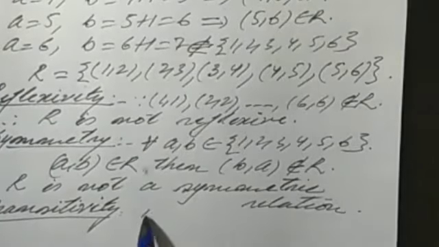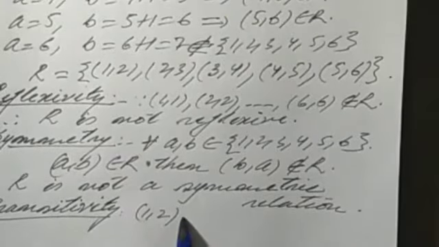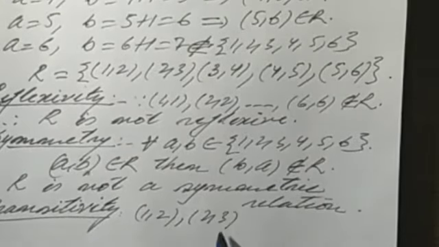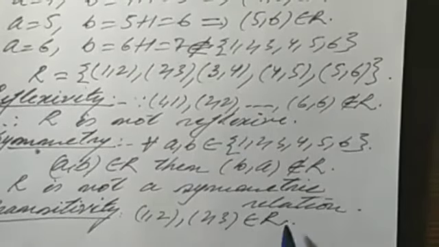So we may say that (1, 2) and (2, 3) both belong to R, but (1, 3) does not belong to R. We may also give other reasons: (2, 3) is there and (3, 4) is there, there should be (2, 4) for transitivity, but it is not here. Similarly (3, 4) and (4, 5) are there but not (3, 5), and (4, 5) and (5, 6) are there but not (4, 6).